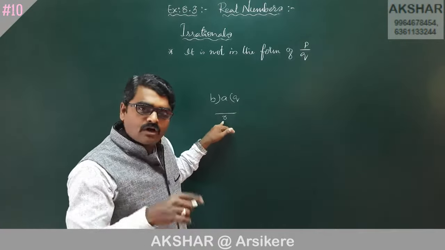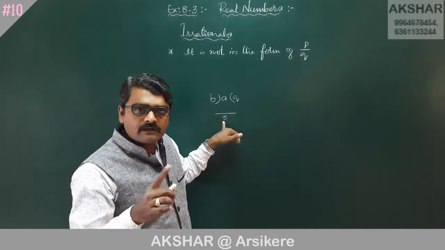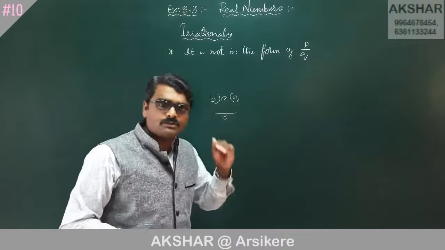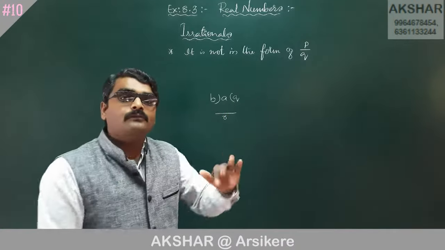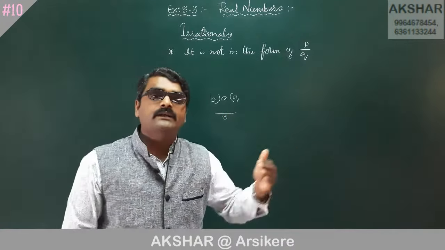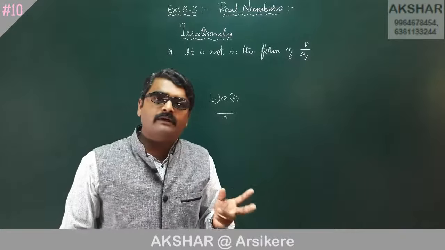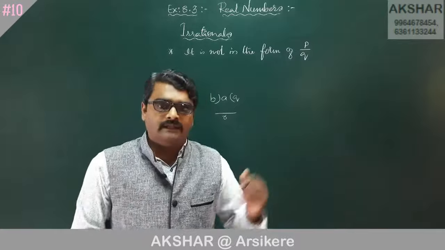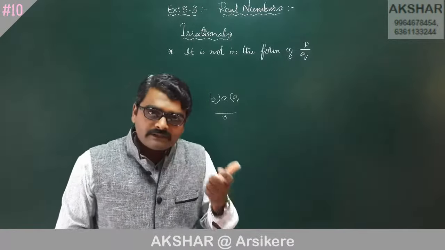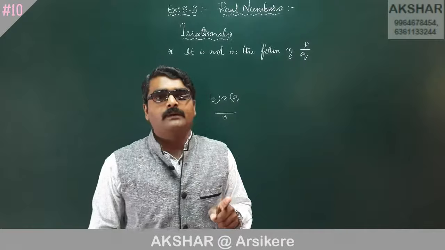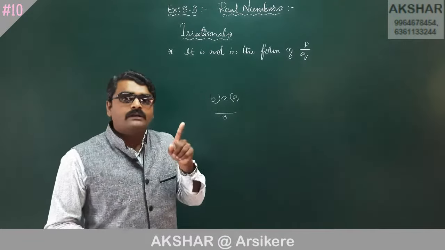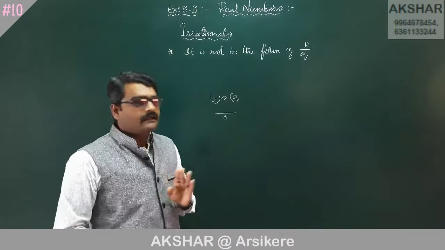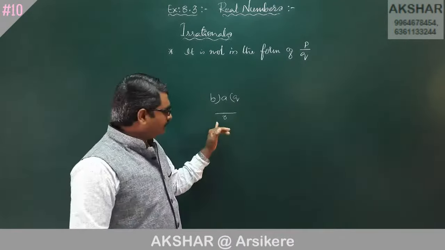If R is a non-zero number, then the quotient should repeat after the decimal: 3 3 3 3, 4 4 4 4 4, 1 2 1 2 1 2, like this, repeating. A single digit repeats, or 2 digits, 3 digits, 4 digits, or a group of digits repeats again and again. If the digits repeat, that is nothing but recurring, non-terminating and recurring. If the remainder is 0, that is terminating.